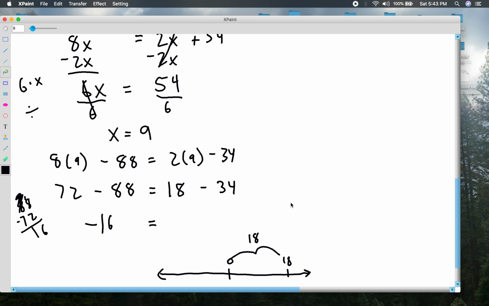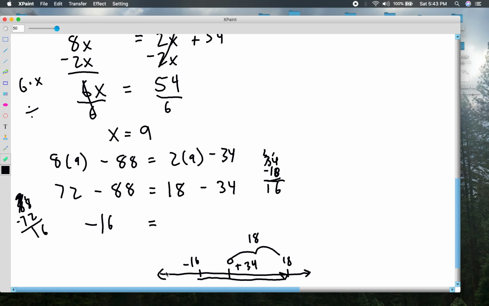Well, if I do 34 minus 18, that'll tell me. That's 16. So it looks like negative 16 would be here, and if I added 34 to that, it would take me all the way back to positive 18.